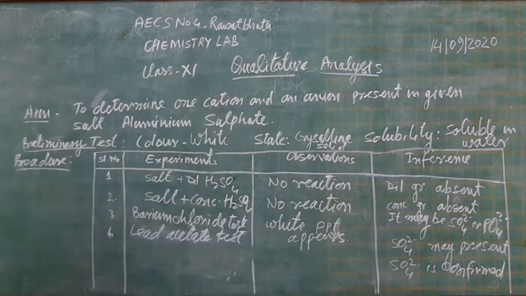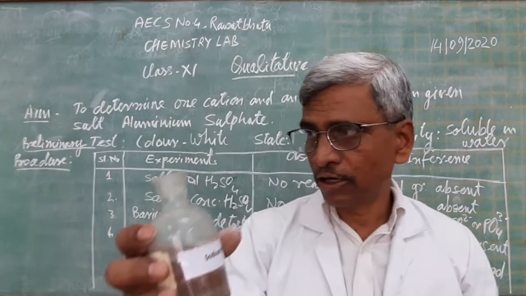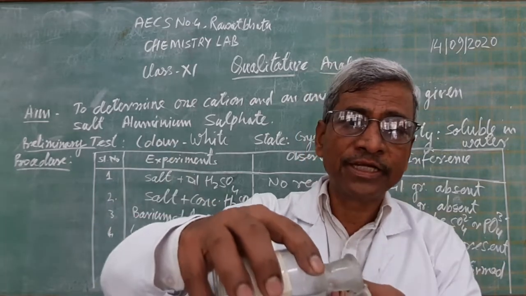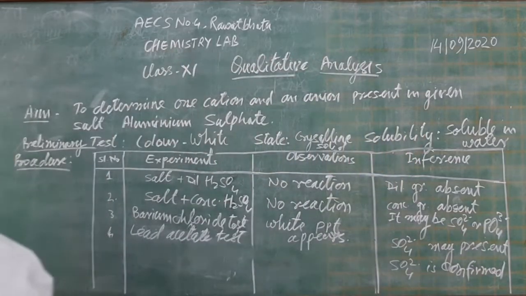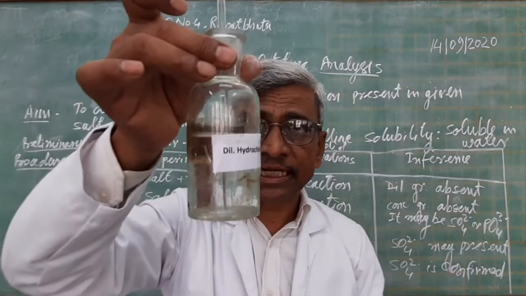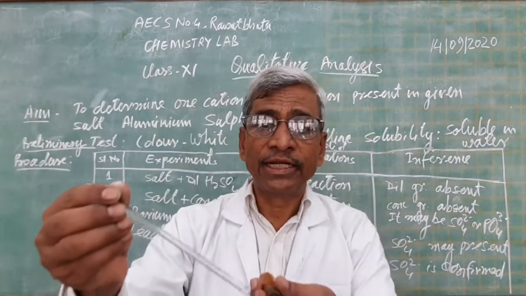Take sodium hydroxide. Here is the sodium hydroxide, salt and sodium hydroxide. Add sodium hydroxide to this. Here the glass rod is ready with dilute hydrochloric acid. This is the way. Hold the glass rod over that here.